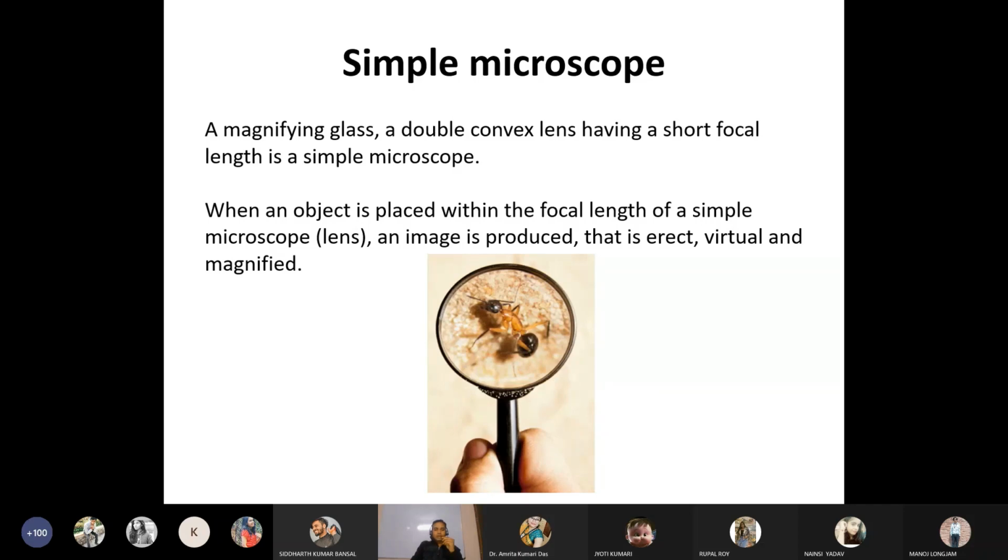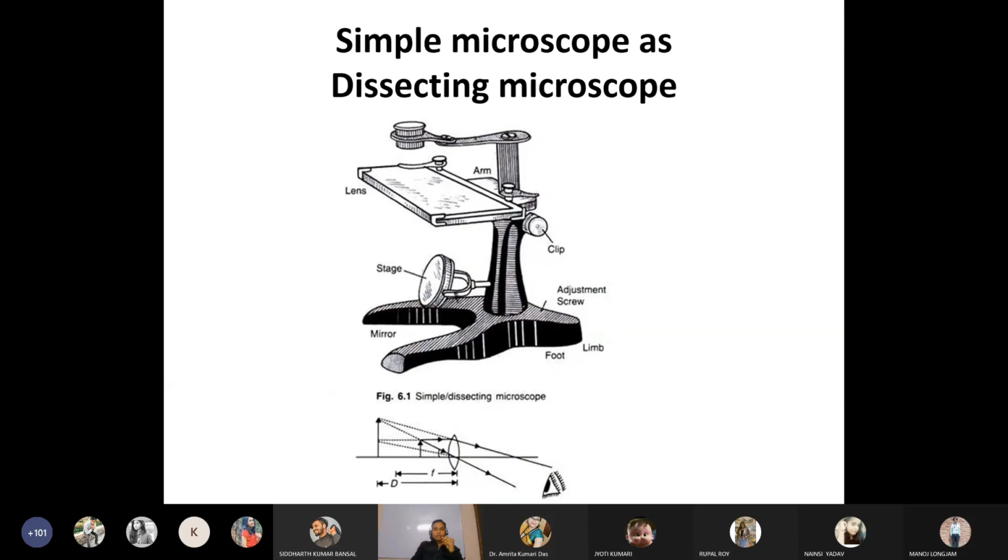If we call it a microscope, it doesn't sound okay to you. But if I show this picture to you, this is nothing but a simple lens or magnifying lens put in a dissecting microscope, so that you can dissect your insects or whatever smaller objects or flowers, whatever you want to dissect, through this magnifying glass.